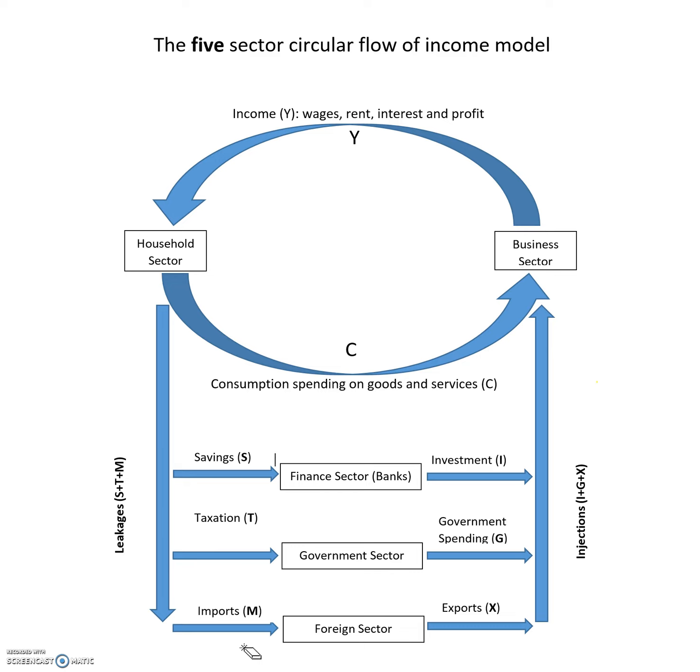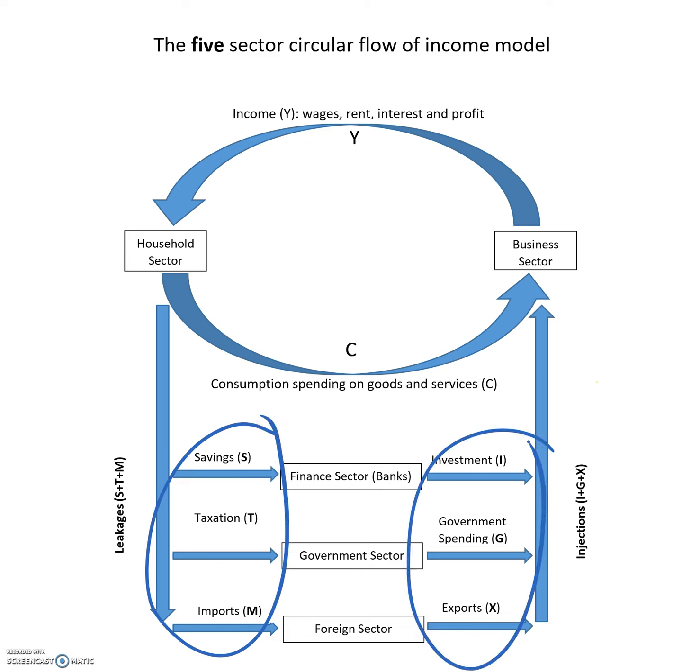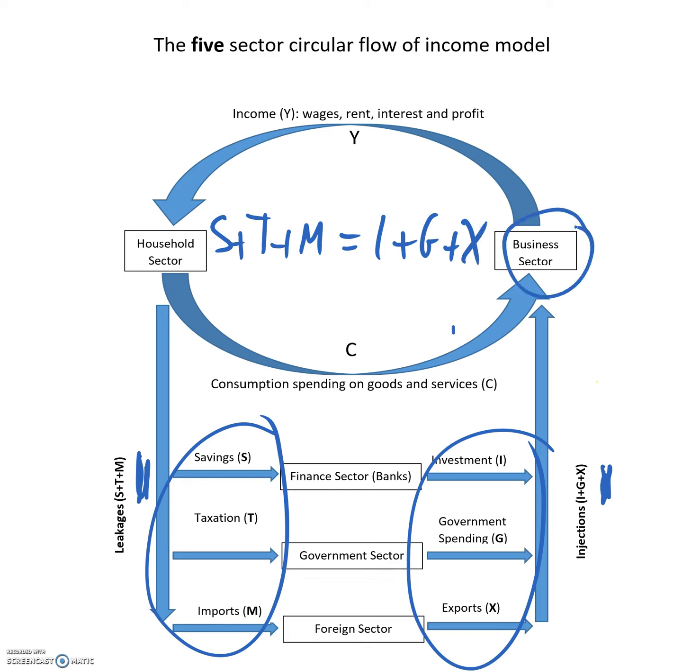What really matters here is the relationship between the sum of the leakages and the sum of the injections. So we've got this formula here, S plus T plus M, that's the sum of the leakages, and the formula over here, I plus G plus X, which is the sum of the injections. If the sum of the leakages is equal to the sum of the injections, then the amount of money that's being spent on the business sector will be the same as the amount that's received by households in the first place.